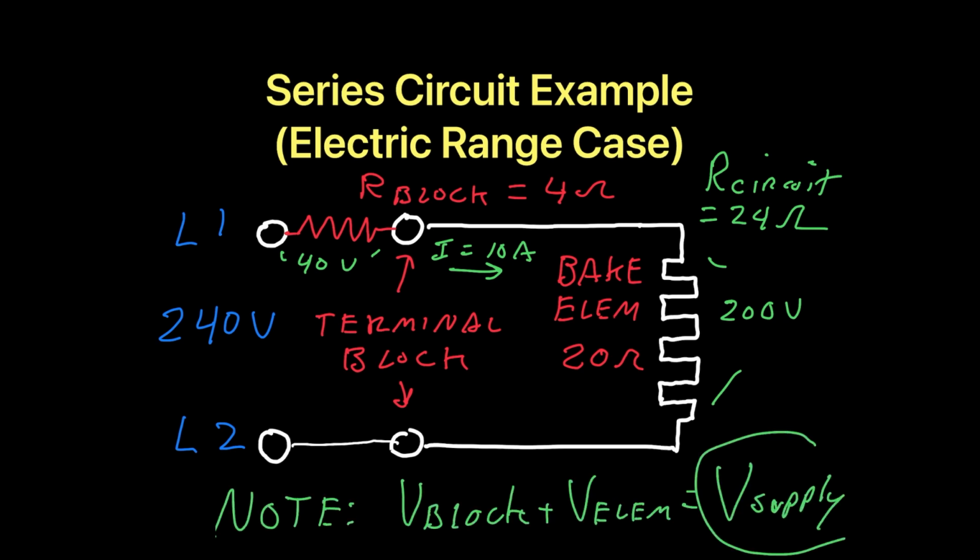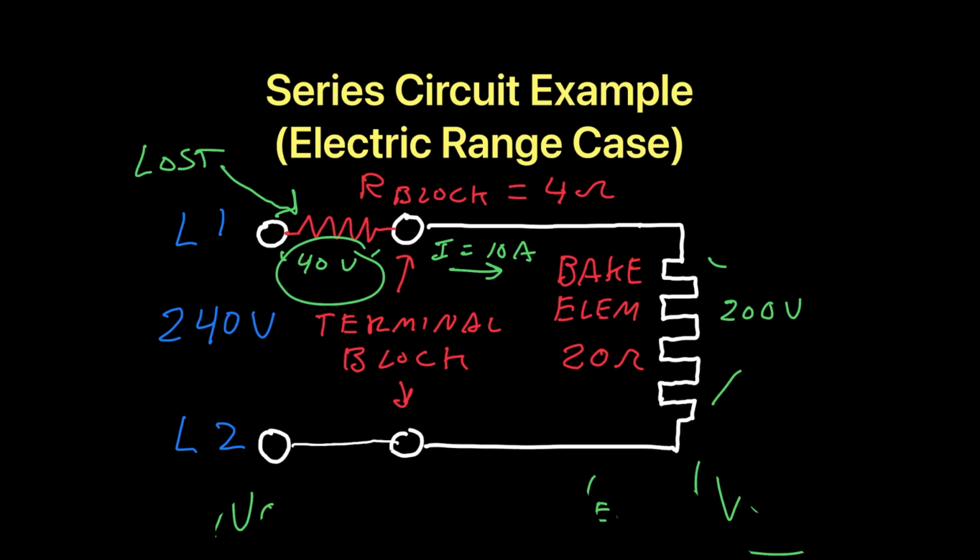So this means that the loose terminal block is robbing the circuit of 40 volts. It is also causing the total circuit current to be less than normal due to the extra resistance. Now we can determine the power output in watts of the element and the terminal block. The easiest power equation is P equals E times I, or voltage times current.